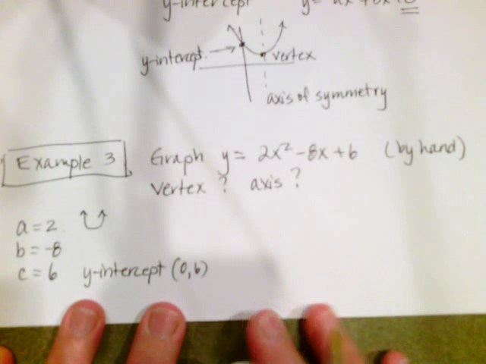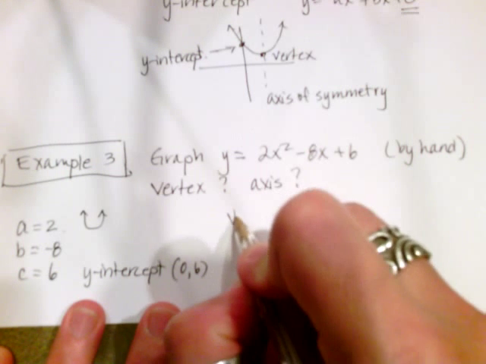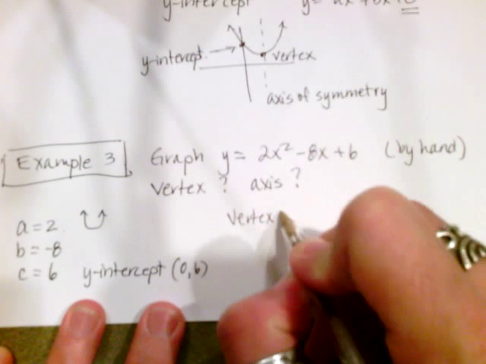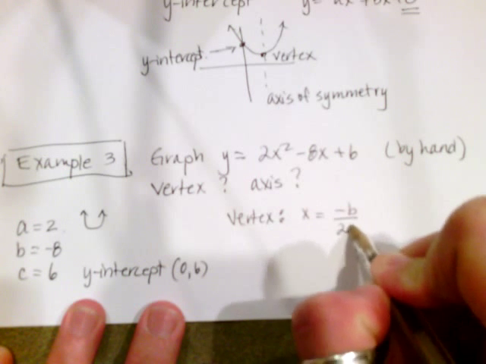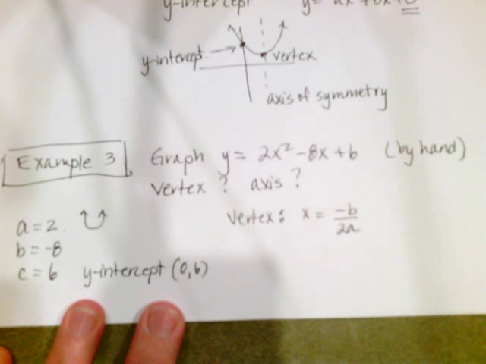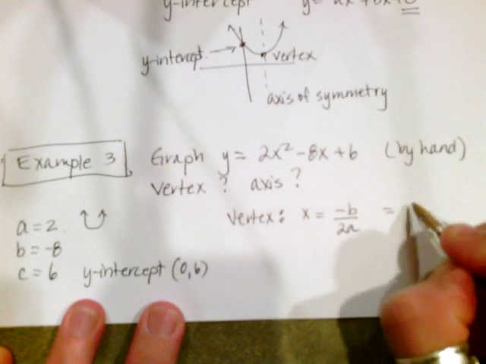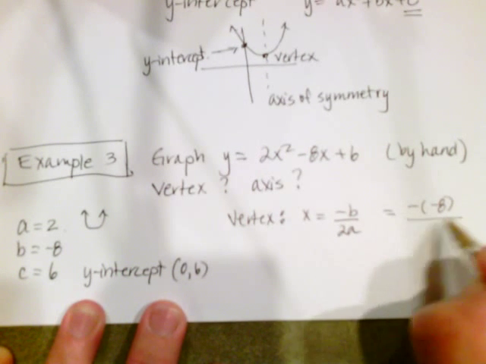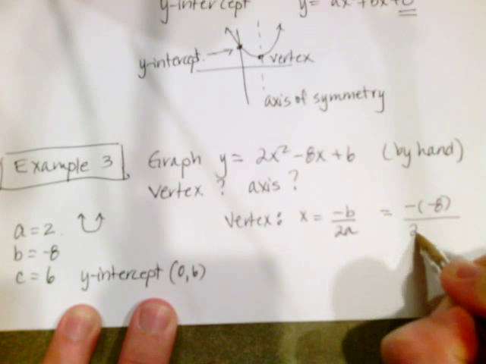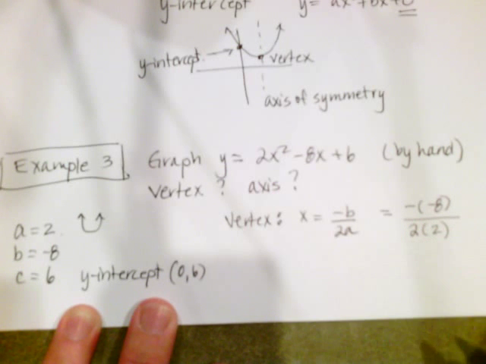Okay, so now I'm going to find my vertex by using the formula x is equal to -b over 2a. And I'm going to substitute my values in. My b is -8, so I'm going to have -(-8), over 2 times 2, because my a was 2.